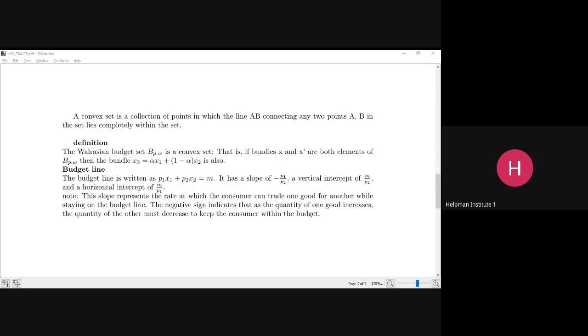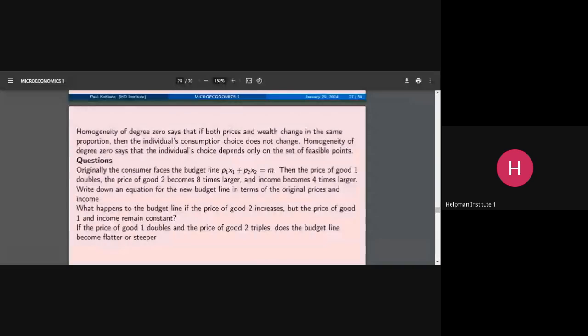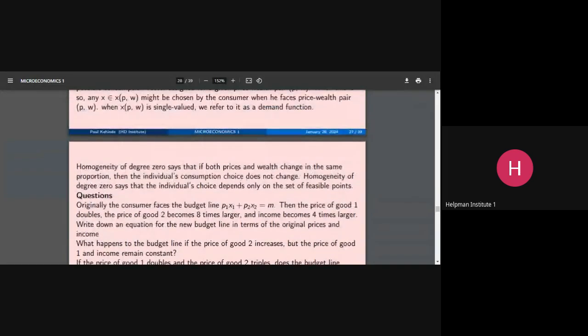So that is just some little things about comparative statics, all right? So now we can also look at some definitions that are associated with this comparative statics.